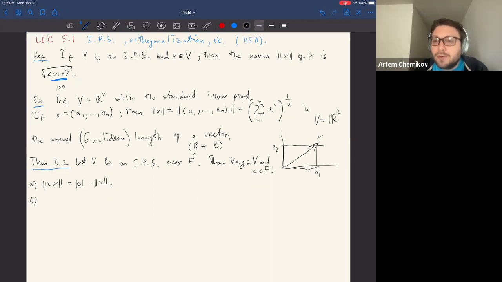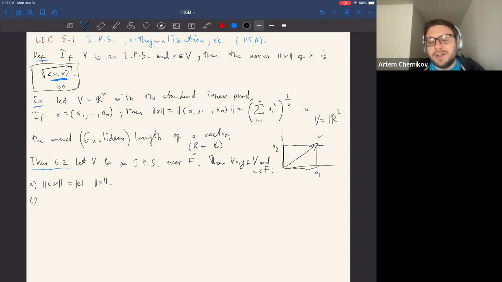Question: why won't this work over Z_p, for example? Good question. I mentioned something briefly last time, and I should still send it to all of you. Why do we care that the field is the real or complex numbers? There are several things here. You want to have square roots, first of all, to be able to even talk about the norm. We need to be able to take square roots of everything.